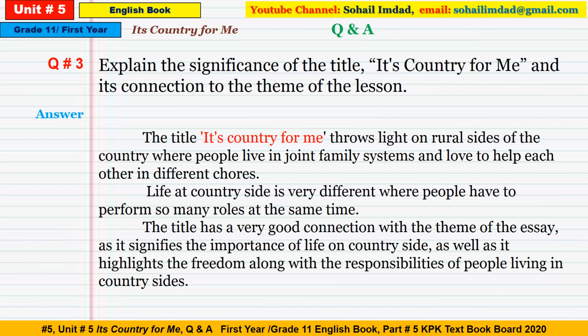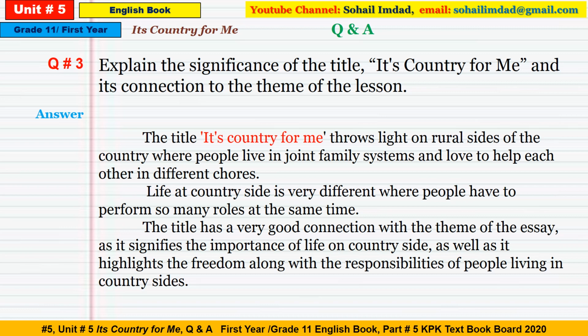Question number 3. Explain the significance of the title, It's Country for Me, and its connection to the theme of the lesson. Answer. The title, It's Country for Me, throws light on rural sides of the country, where people live in joint family systems and love to help each other in different chores.